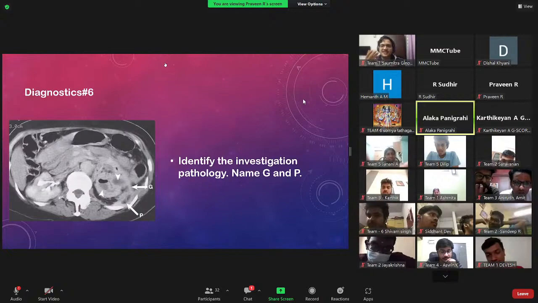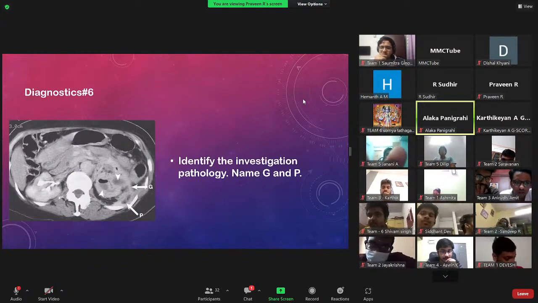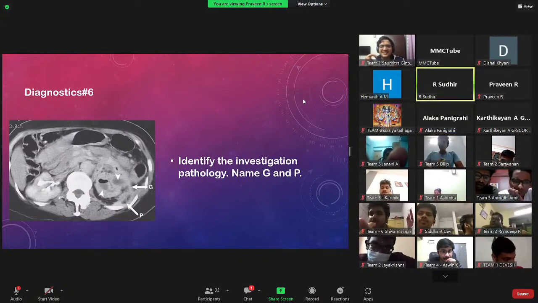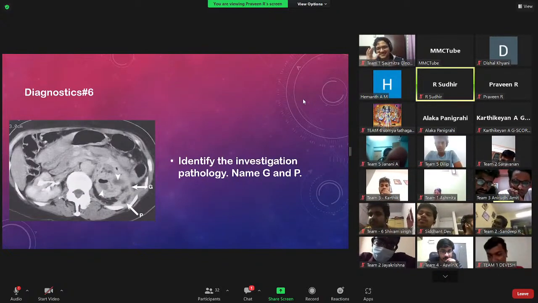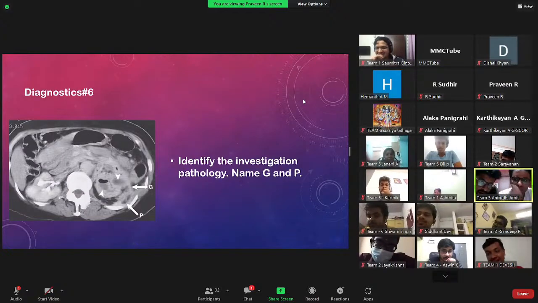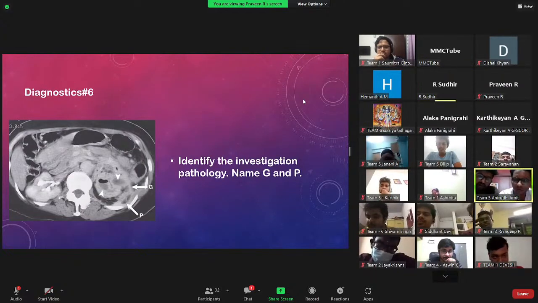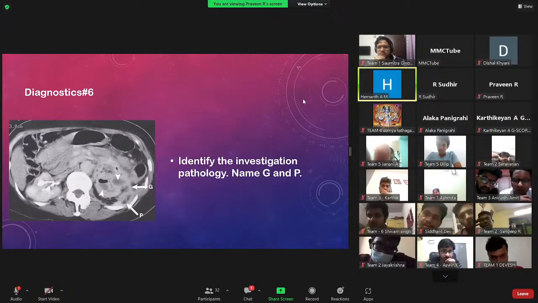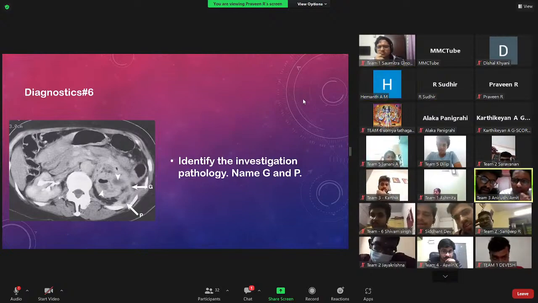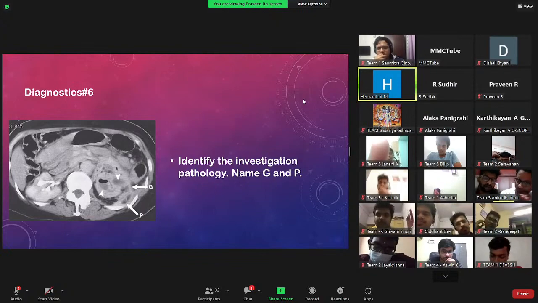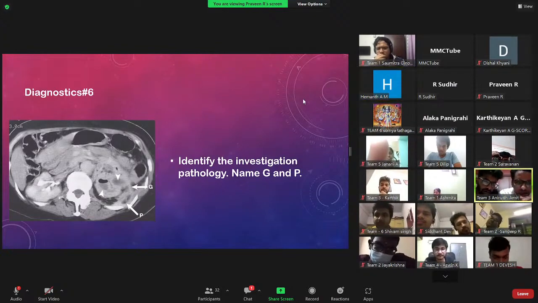Count stops. Team 6 will go with the answer. What is the answer? Can we answer, Team 3? Count is over, yeah. You can answer. Investigation: CT abdomen. Okay. Pathology.